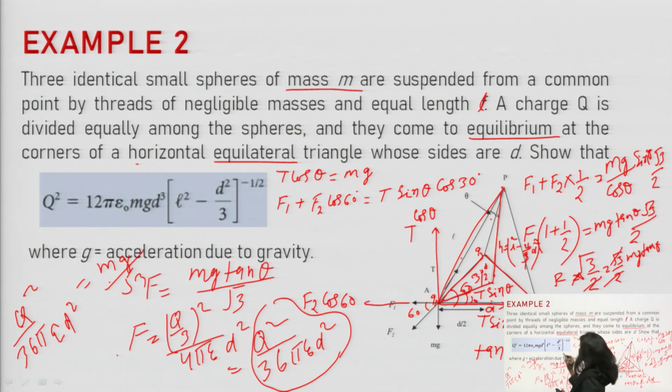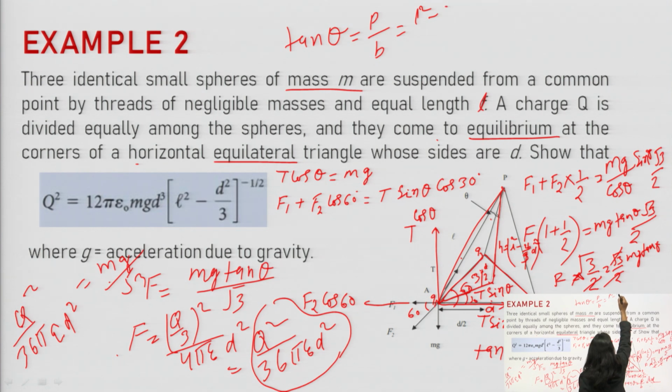Let us solve this. Tan theta is perpendicular by base, where the perpendicular is H. H can be written as the square root of L square minus 4 by 9 D square, divided by the base, which is 2 by 3 D. This D will cancel out.